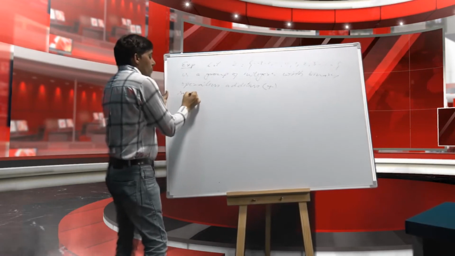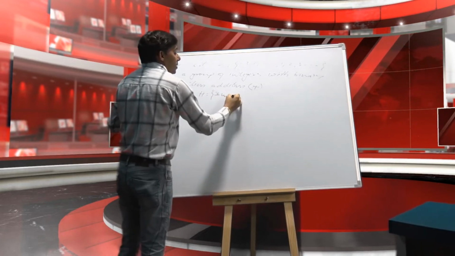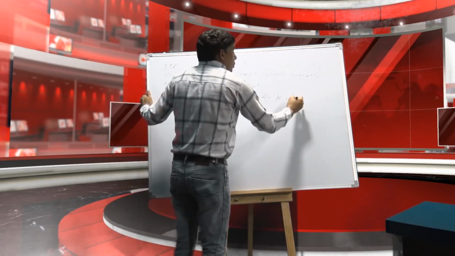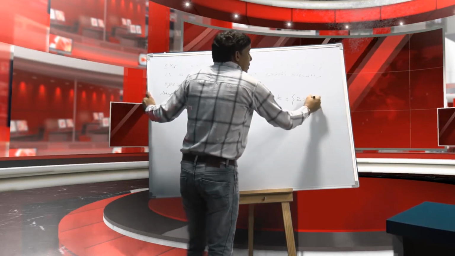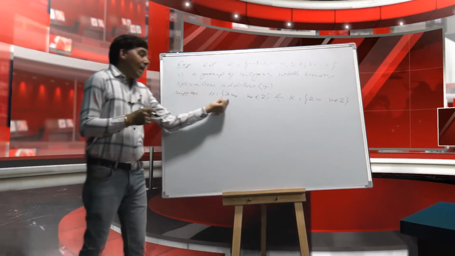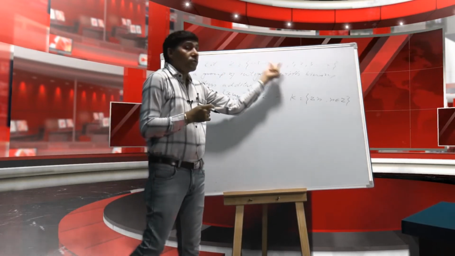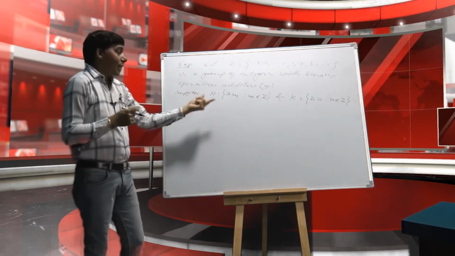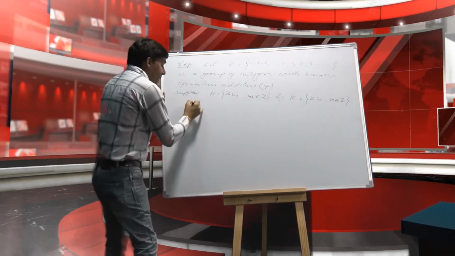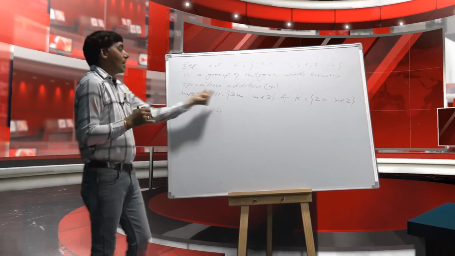Suppose H is equal to 3 times m, m belongs to Z, and K is equal to 2 times n, where n belongs to Z. Then H is a subgroup of Z, K is also a subgroup of Z. We prove that H union K is not a subgroup of Z. For this, 3 belongs to H, because H is equal to 3 times m.